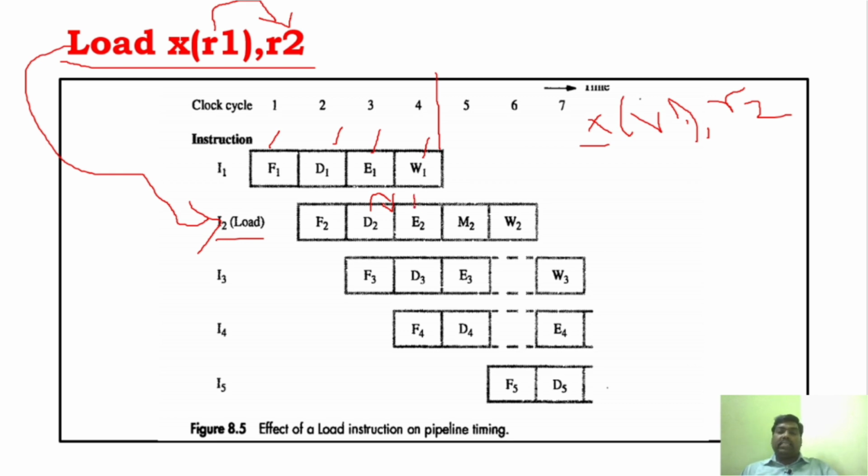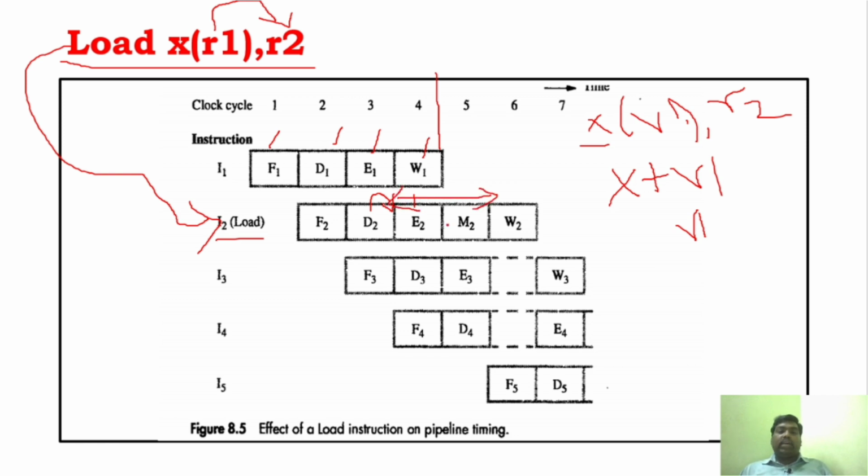Why? Because it has to first compute X plus R1, and then it has to access the memory for R1, correct? So now you can see here the execution unit will take 2 clock cycles, that is at 4 as well as 5.